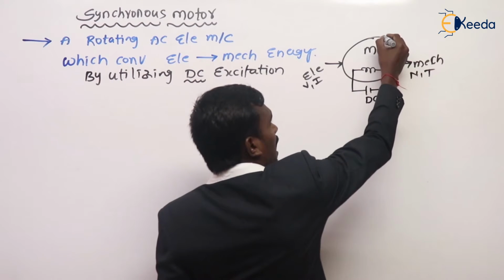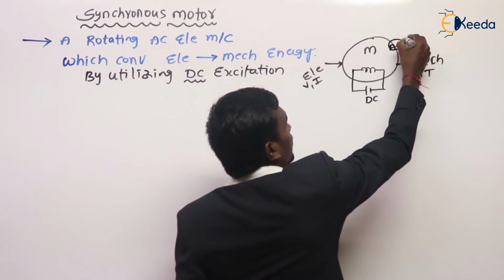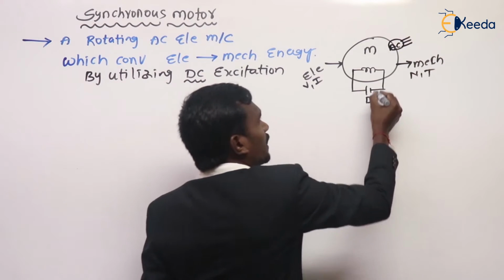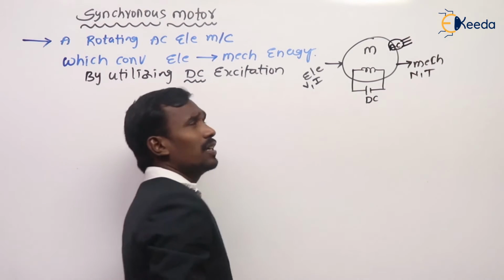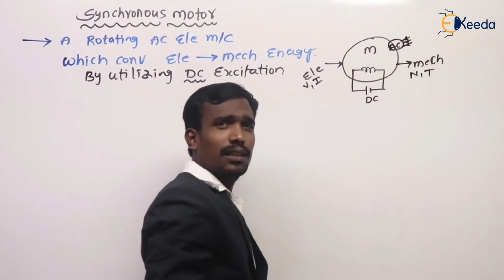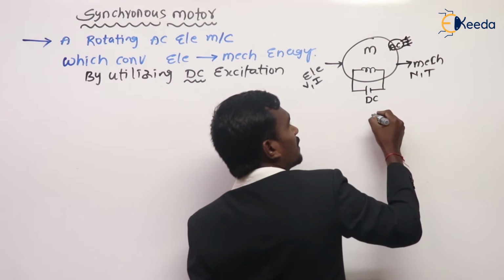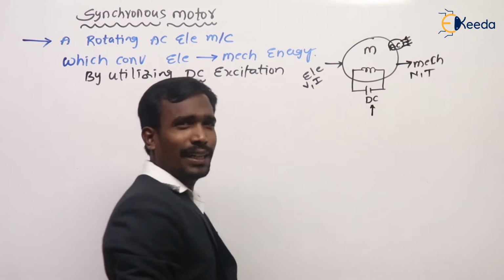Here we have an armature. We are giving AC supply to the armature and DC supply to the field winding.